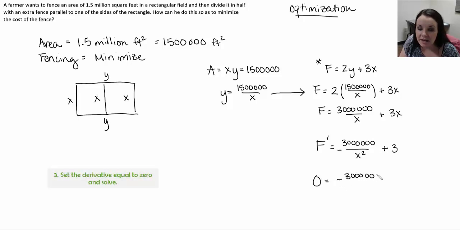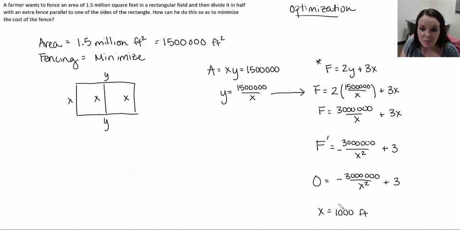So I plug in 0 for F prime and I solve this. When I rearrange things and solve, I end up getting an X of 1,000 feet. Don't forget to take the square root at the end because this is an X squared. So this is already one of the dimensions. This will be the short side of my rectangle.